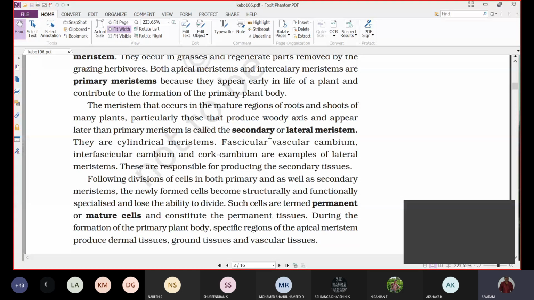Whereas the third, the lateral or secondary meristem, is the meristem which develops in the later period of the development of the plant body, in which the plant shows a woody axis. It may be the root or stem.